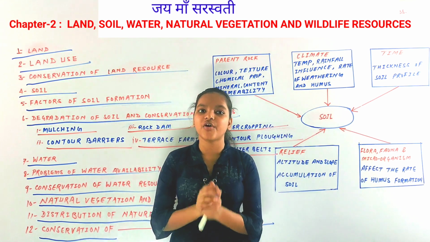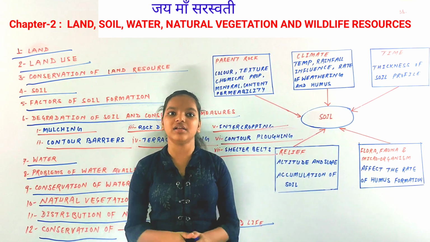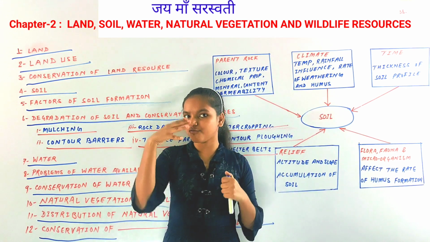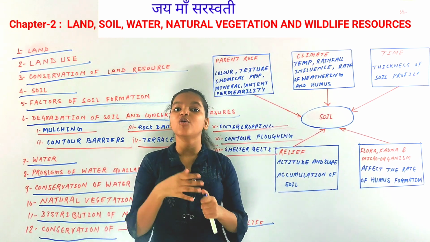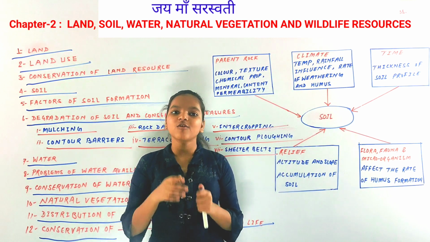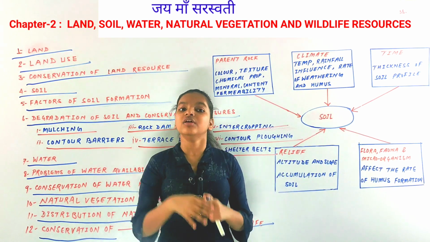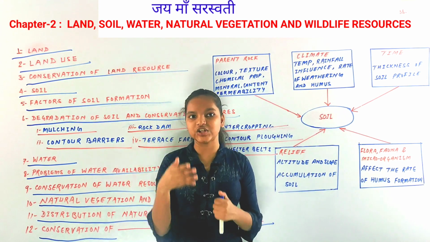In forests, due to either lightning or carelessness of people, there have been many forest fires. For example, in California there have been so many forest fires. So forest fires are also one of the major threats to wildlife resources and natural vegetation.